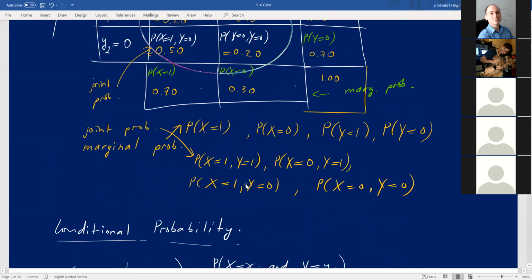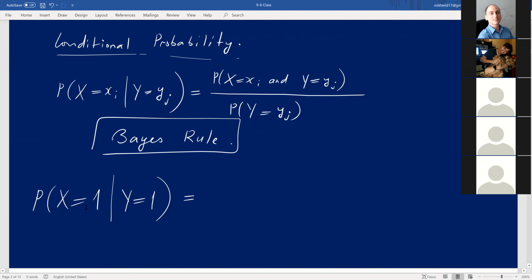But here I'm asking, what's the probability that you pass eco 4000 once you know that you already passed finance 3000? That's not directly on the table, but we can apply this expression, the Bayes rule.